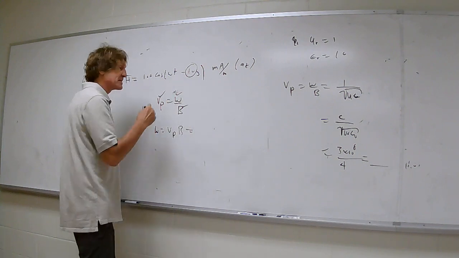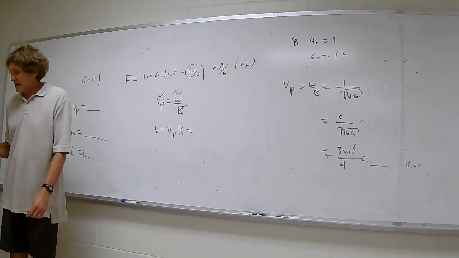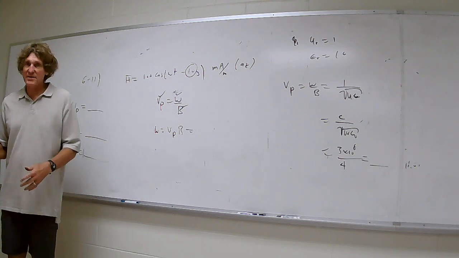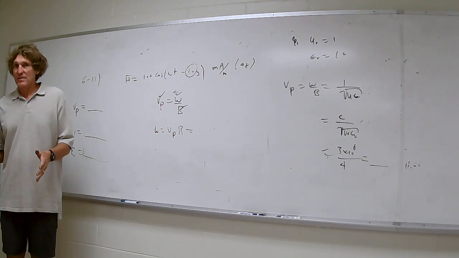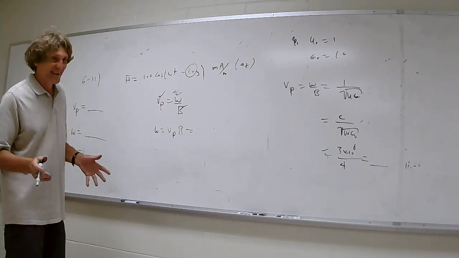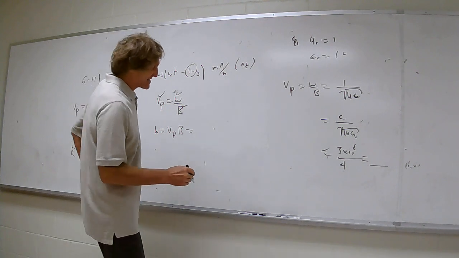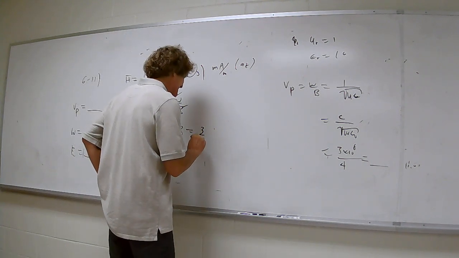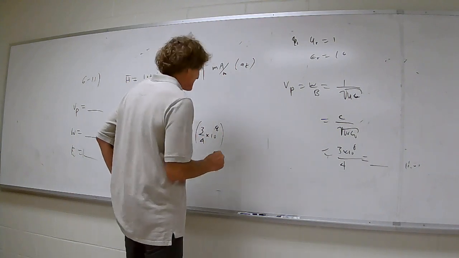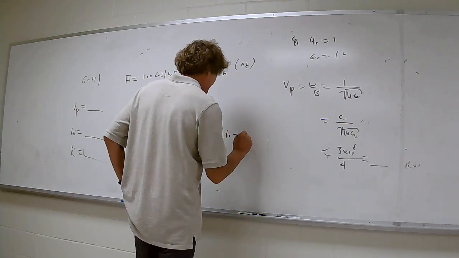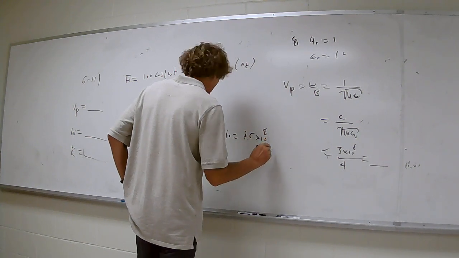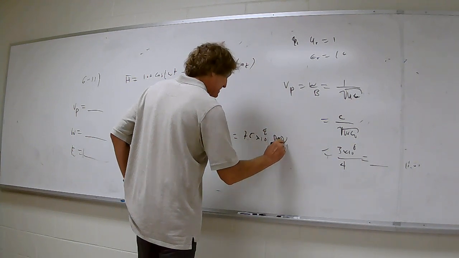Can everybody see beta is 10 here, class? I'm trying not to go too fast. So it's 3/4 times 10 to the 8th, 7.5, times 10, so it's 7.5 times 10 to the 8th radians per second, right?